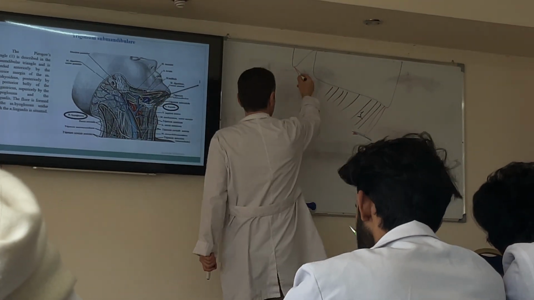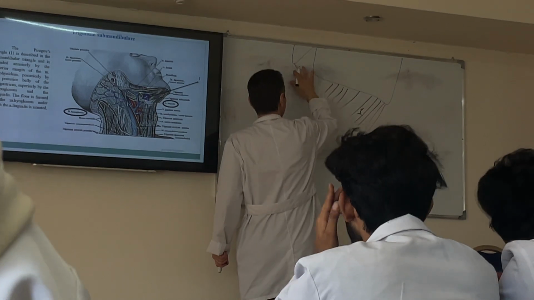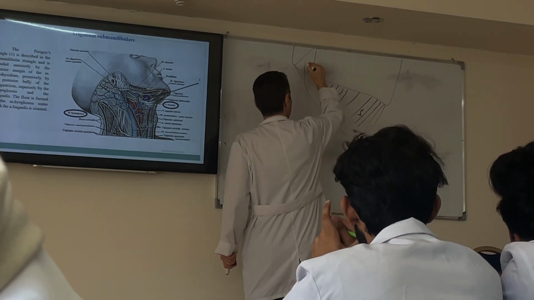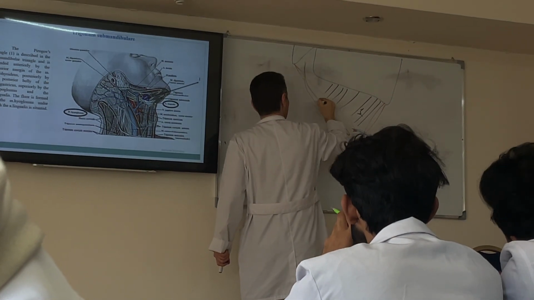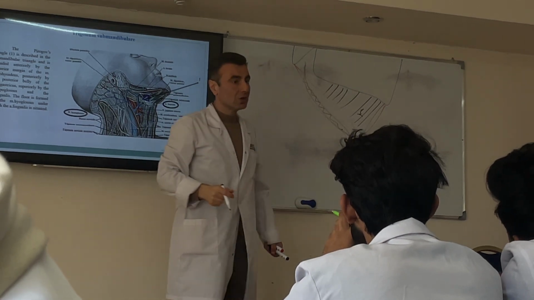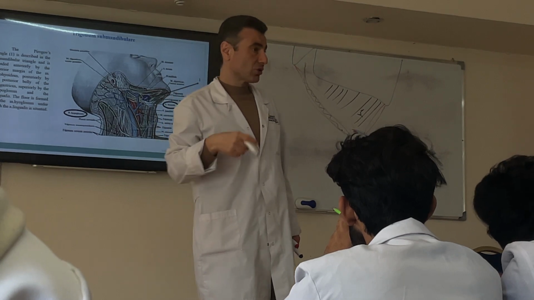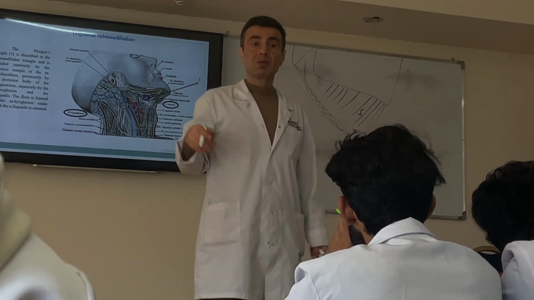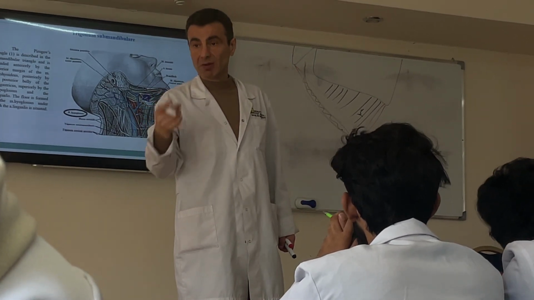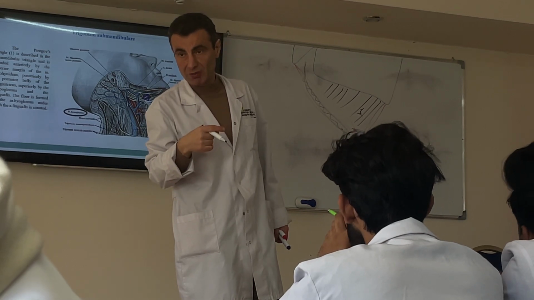It's located here. This is stylohyoid, together with the digastricus muscle. It is the superficial muscle of this triangle. Mylohyoid is the deep muscle. In the previous triangle, it is superficial, as you remember.